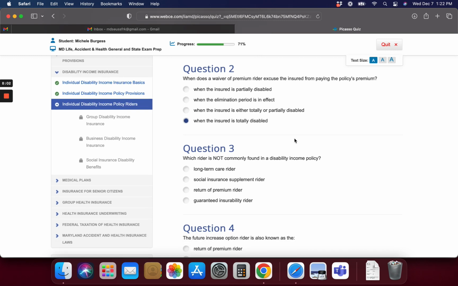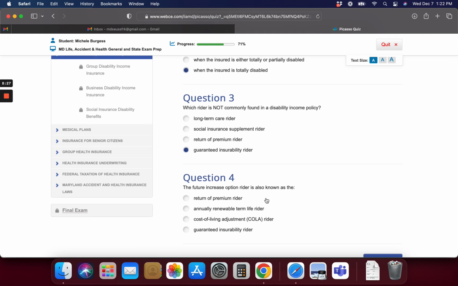All right, which rider is not commonly found in disability income policy? Oh boy, which rider is not commonly found?